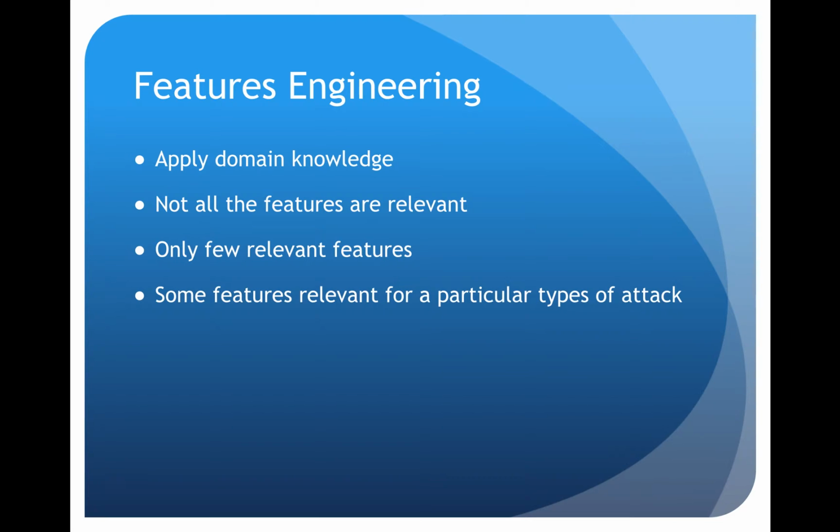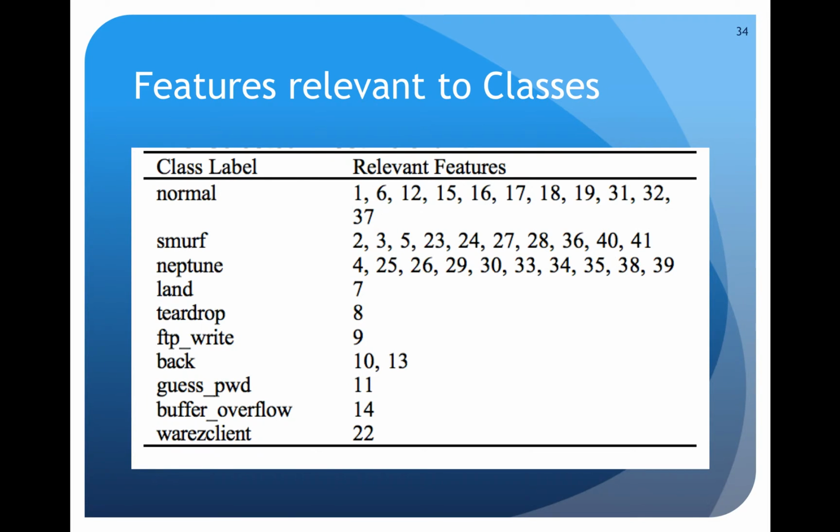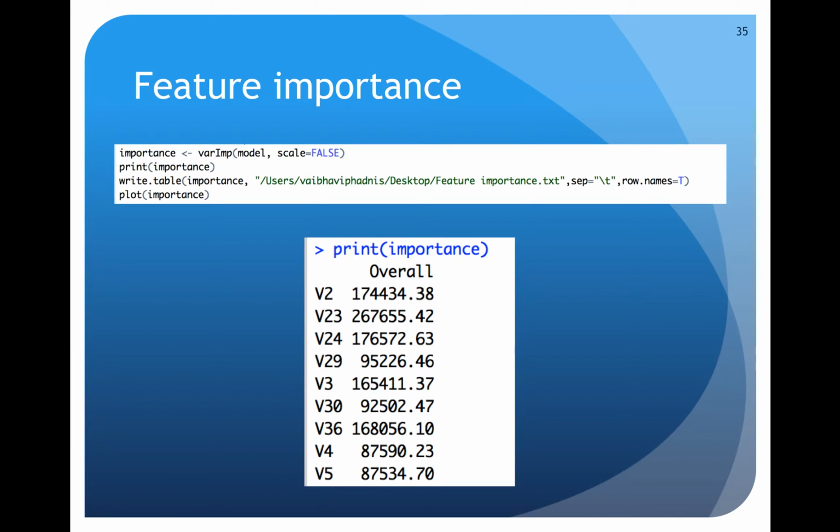So we can use this domain knowledge and derive some rules or signatures, or we can use relevant features for particular data or particular types of attacks and use those to train our models to get better accuracy. For example, for normal, features 1, 6, 12, 15 are the relevant features. So train your model with these features and you'll get better accuracy as far as classifying normal data is concerned.